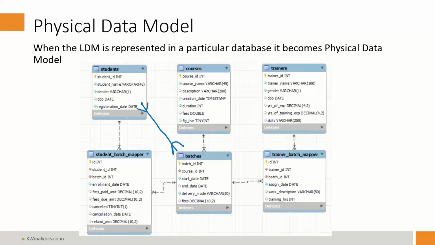That's where you introduce a mapper table: between student and the student-batch mapper table you have a one to many relation, and between batch and the student-batch mapper table you have a one to many relationship. And that's where we eliminate this kind of join between two tables.